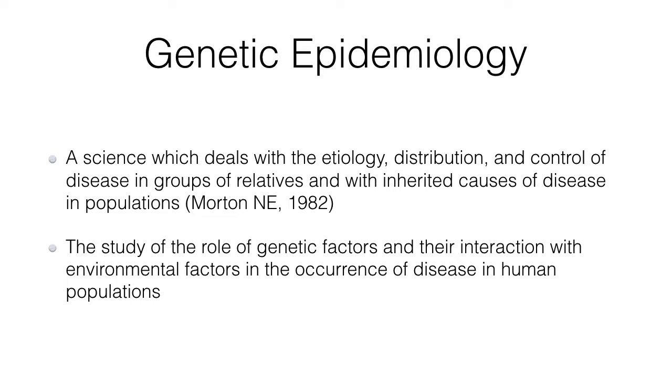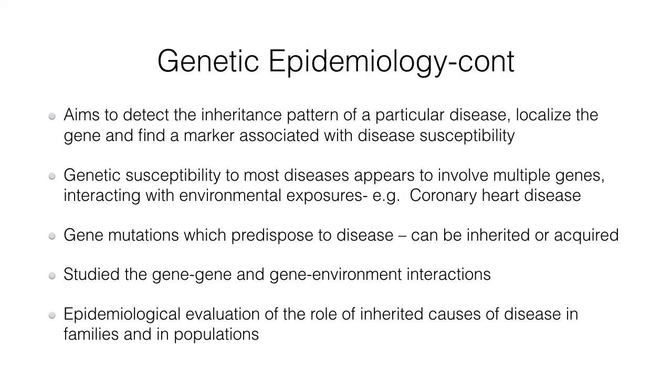So it studies the role of genetic factors and their interaction with environmental factors in the occurrence of disease in human populations. Genetic information aims to detect the inheritance patterns of a particular disease, to detect the genes as well as find markers associated with disease susceptibility.